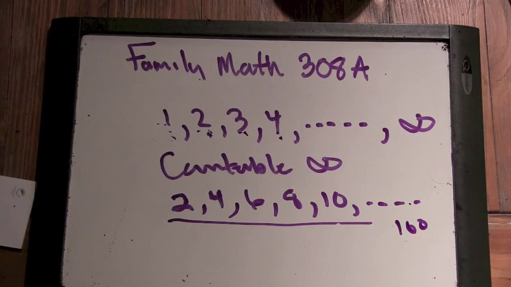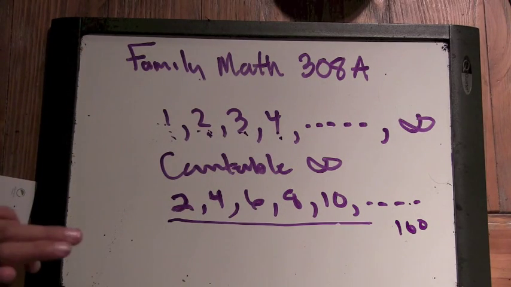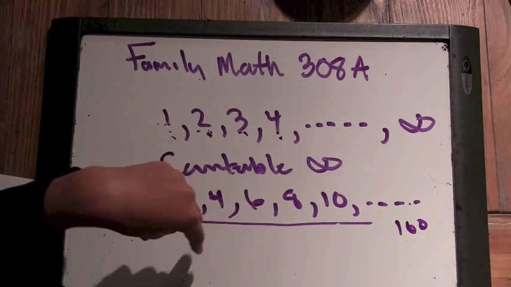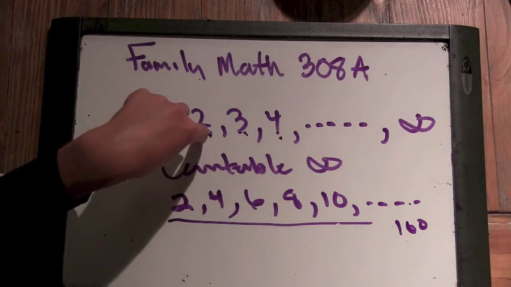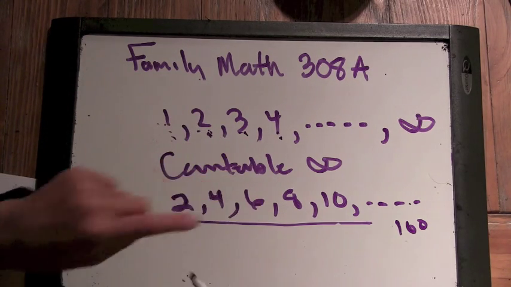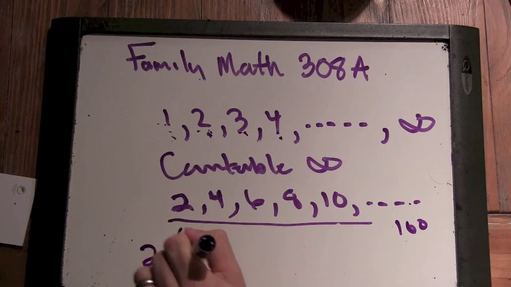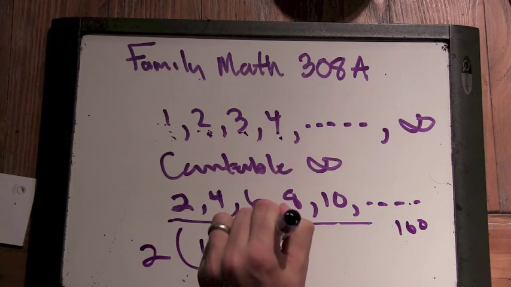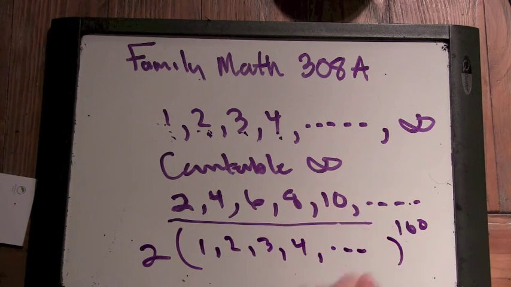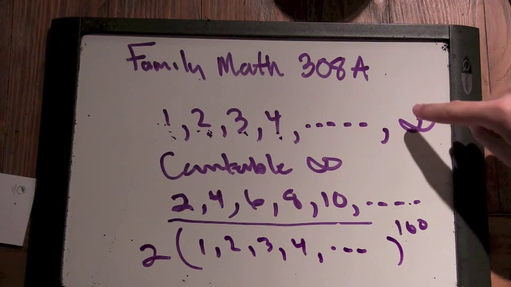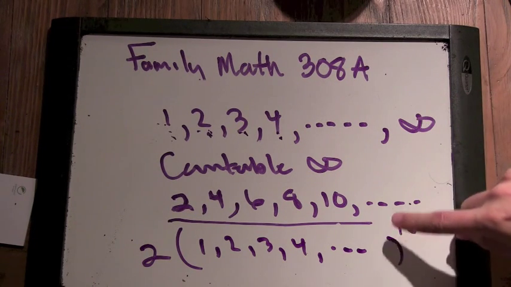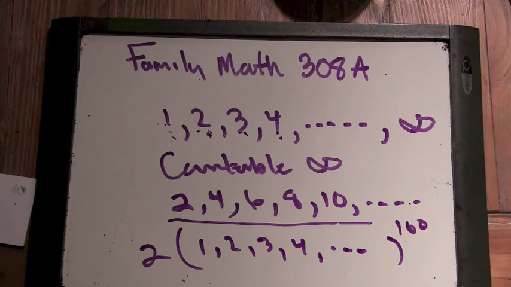How come? Because everything is half of what is here. Interesting. So I can almost factor a 2 out of everything, and I get 1, 2, 3, 4, and I get a nice correspondence, just like up here, and that shows me that I have countably infinite even integers.